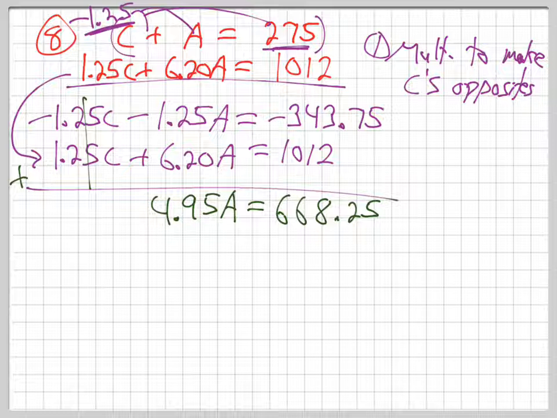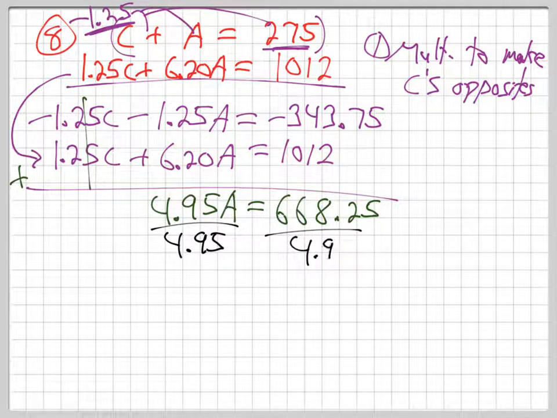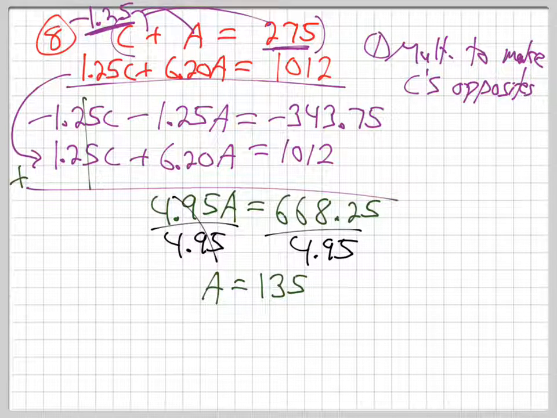Last step to solve for A: divide by 4.95. A equals 135. So the number of adults that came that day must be 135.